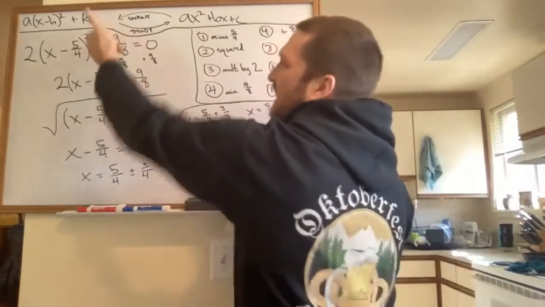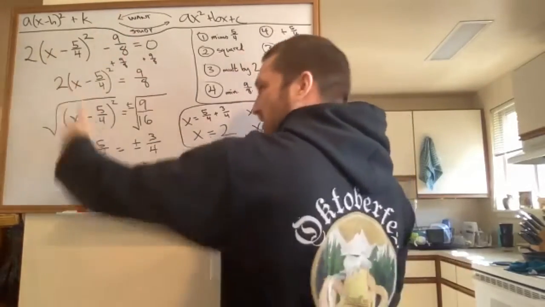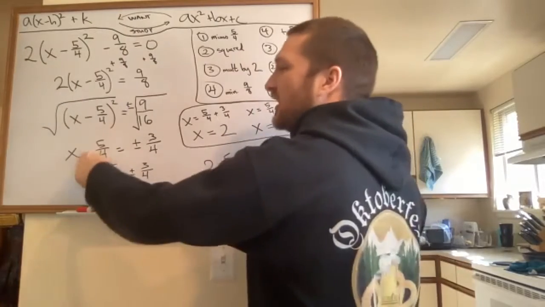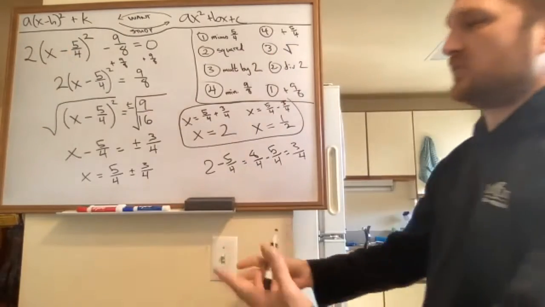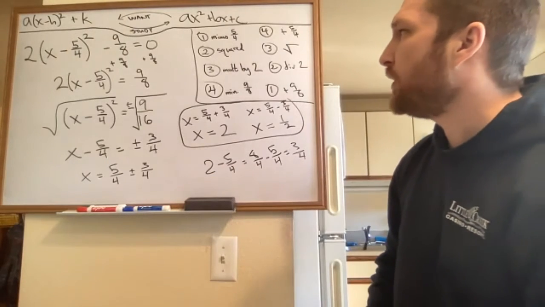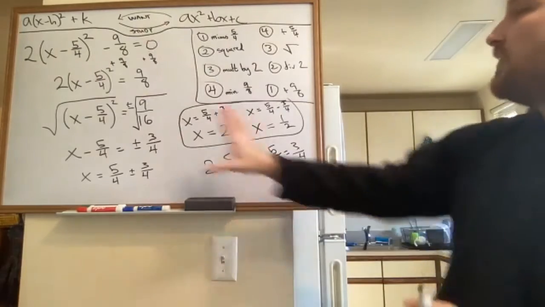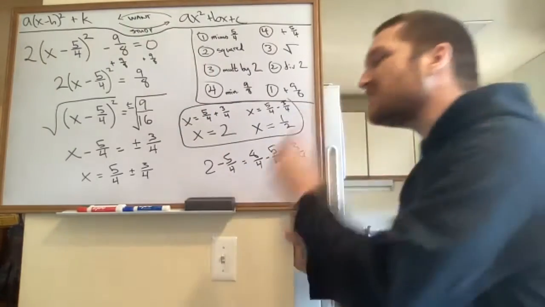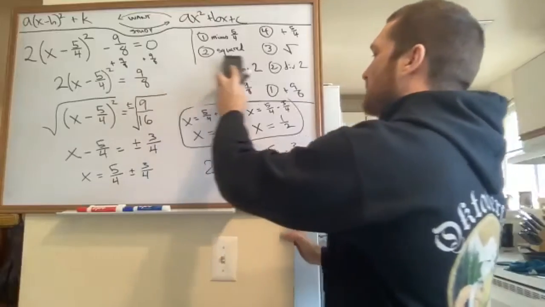You're going to get rid of this guy first, then divide this guy off, then take a square root, then undo whatever was the original innermost stuff, either plus or minus, and it's going to look like that. So, now that we have worked with one of these, let's do this first.